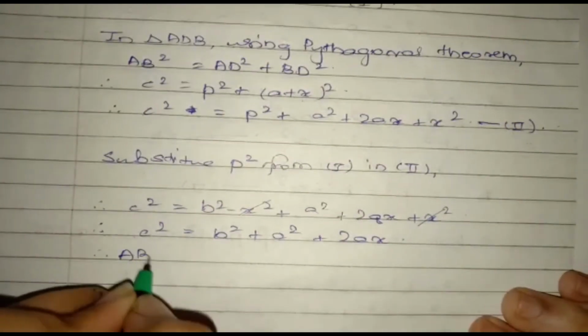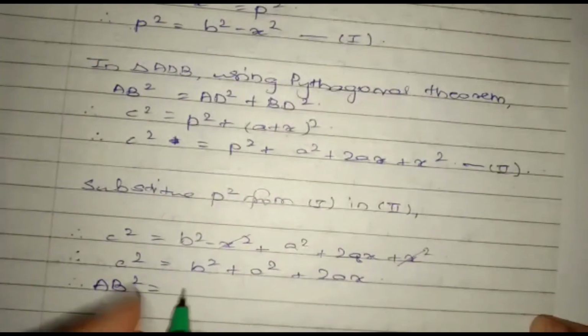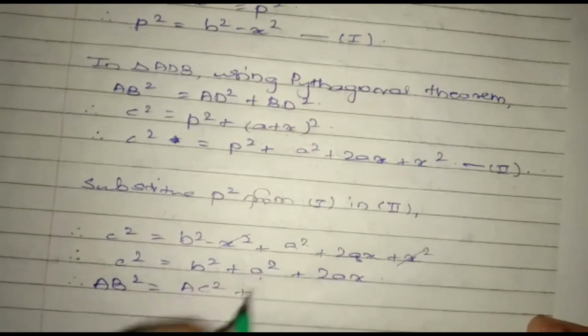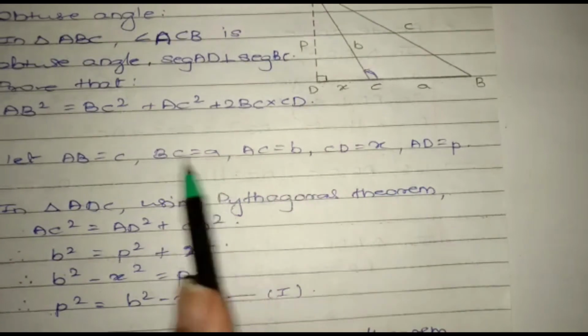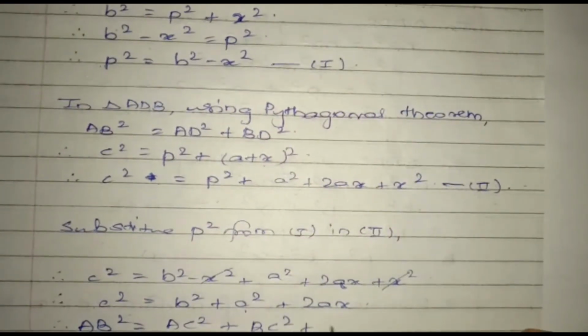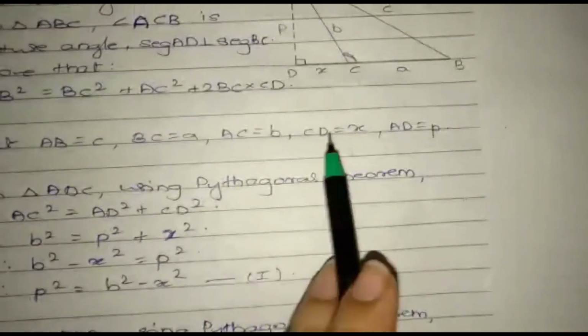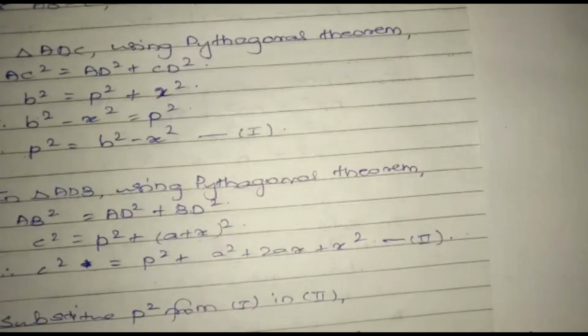C is AB. So AB square is equal to B square, which is AC square, plus A square, which is BC square, plus 2 into A, which is BC, into X, which is CD.